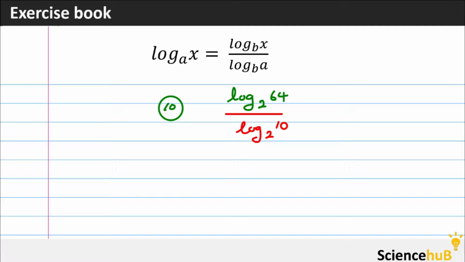Then the answer is log_10 64, which I needed to have. In here, a is equal to 10, x is 64, here also 64, and here b is 2, and here also 2, and a is 10. Now I think you are a little bit clear about this concept. Okay, let's go to the proof now.